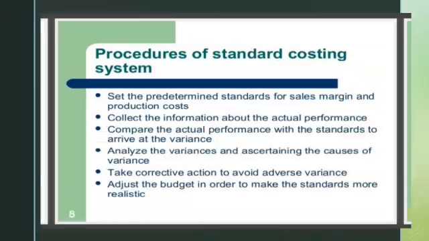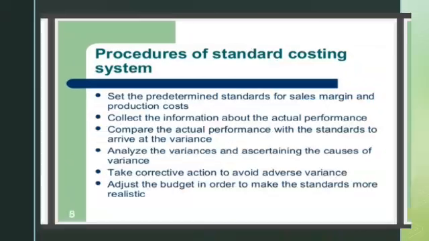Procedure of standard costing system. Before setting a standard cost, the following factors are to be satisfied. Organization chart should be prepared, which should depict the line of authority and responsibility. Cost centers for manufacturing and service areas should be clearly defined.